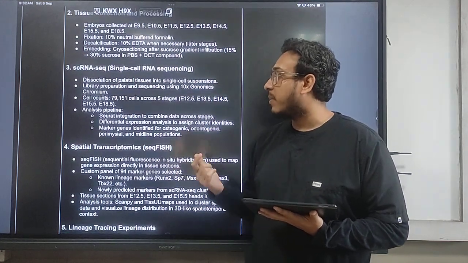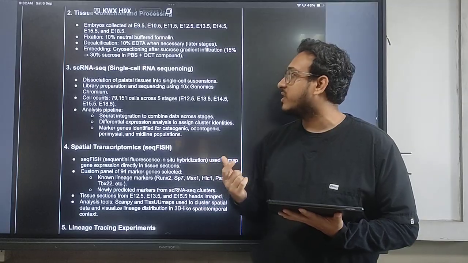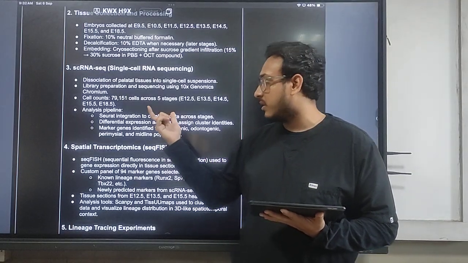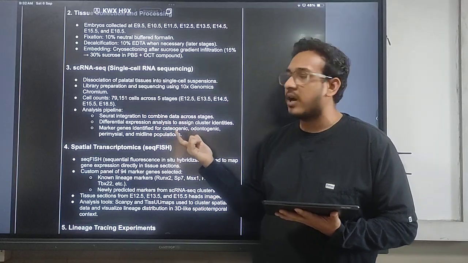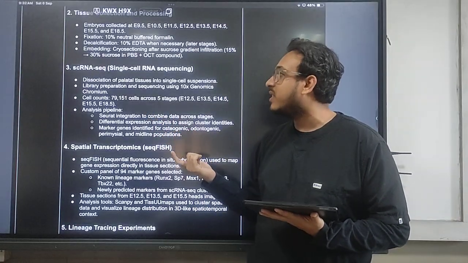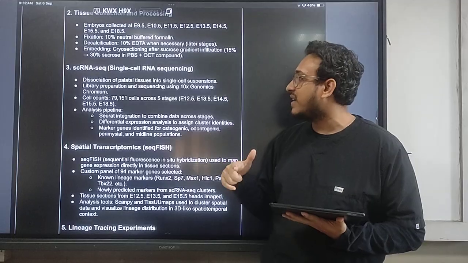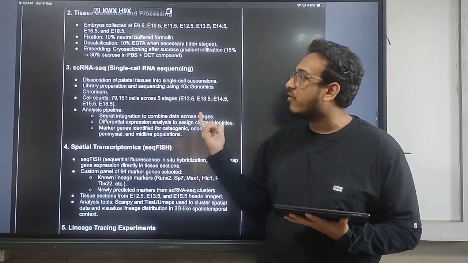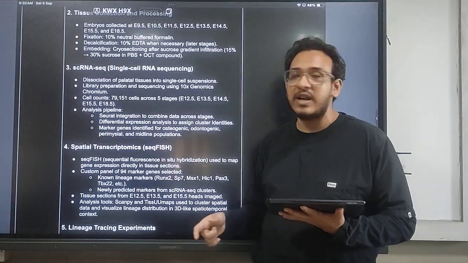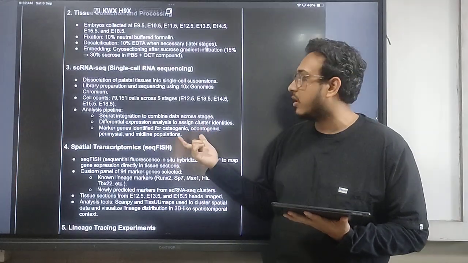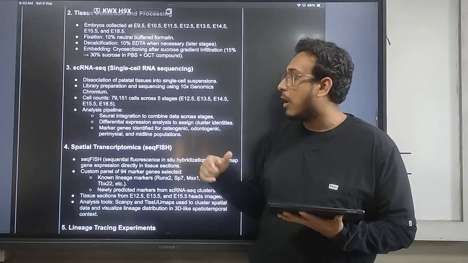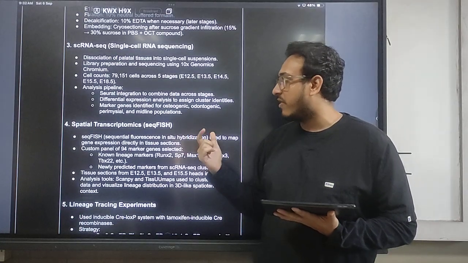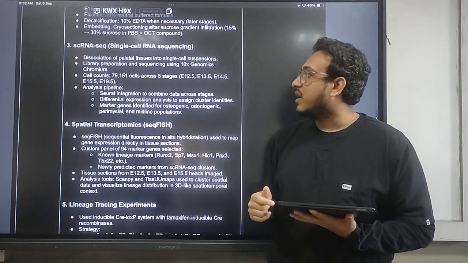The library preparation and sequencing using 10x Genomics Chromium was done, and they counted around 80,000 cells across 5 stages, embryonic day 12.5, 13.5, 14.5, 15.5 and 18.5 of the development of the mouse embryo.